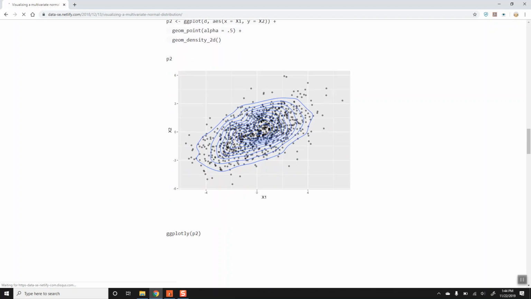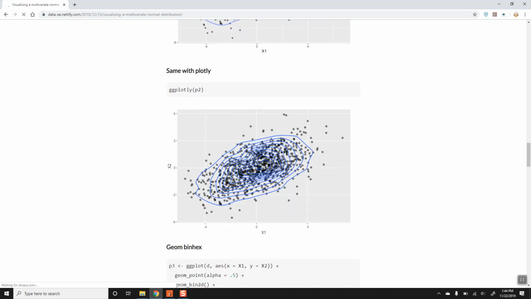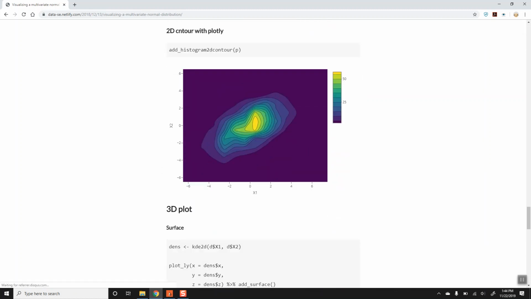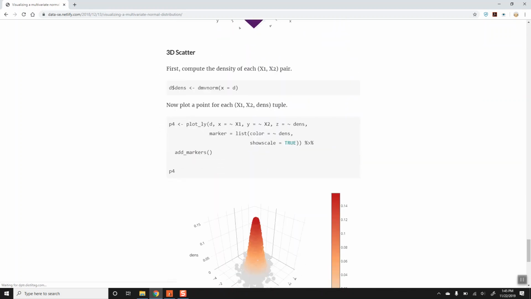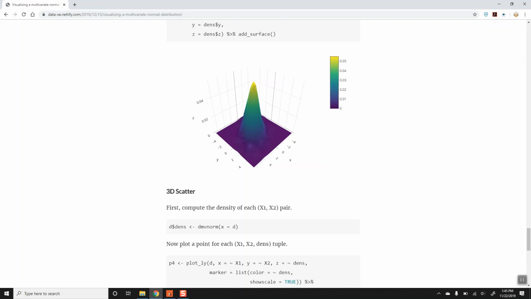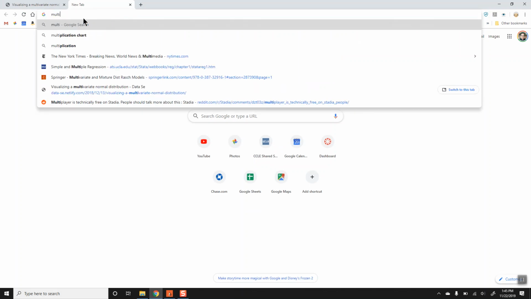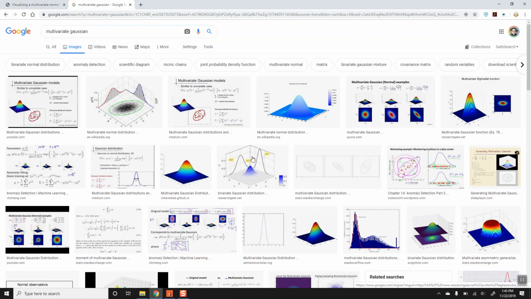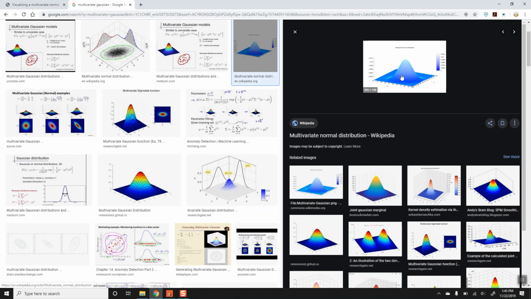Maybe I can just copy. This is what I want. Multivariate. That's all right, I don't need to actually draw it myself. I'll just look for something. Can I do this one? Let's take this one.